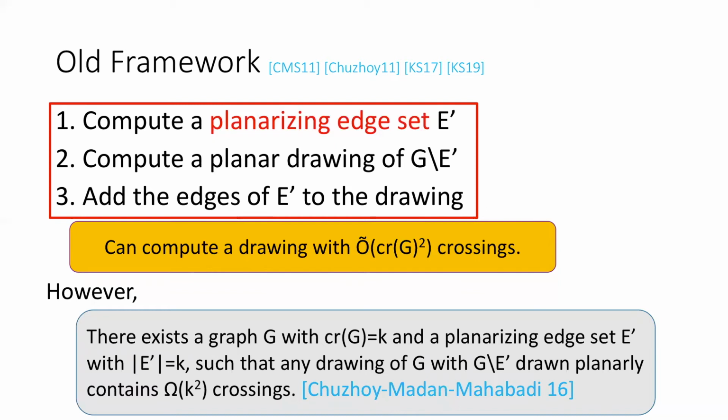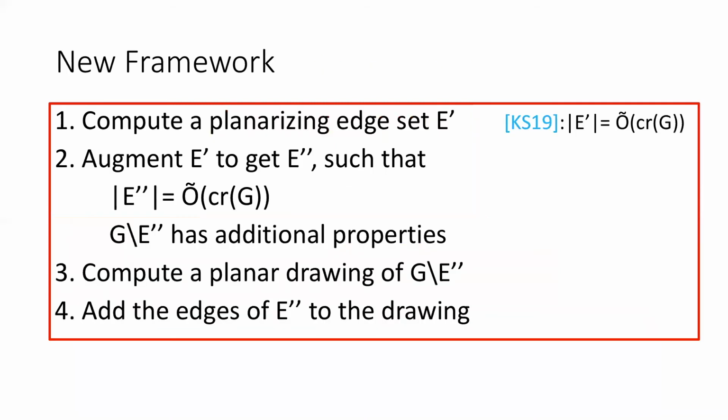Okay, so therefore, if we want to obtain better approximation than square root of n, then we have to try something new, because square root of n is the best that this framework can get us. So in our paper, we propose a new framework that overcomes this barrier and paves the path towards better approximation.